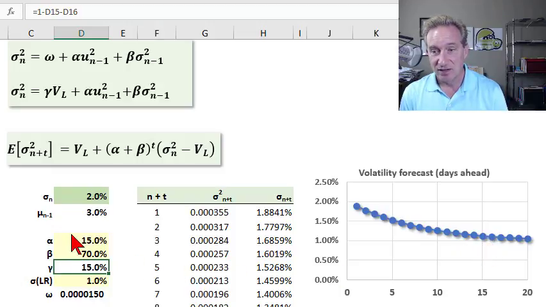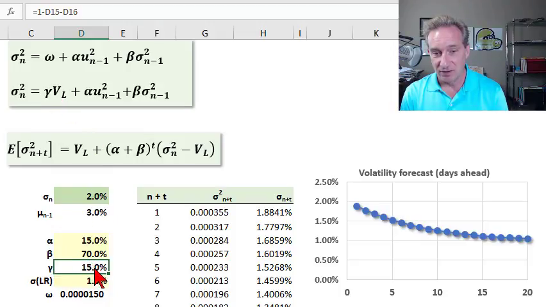And that's because my rate of persistence is now 70 plus 15%, or only 85%, and gamma is 15%. Now we can understand why we might call gamma the rate of reversion. So omega here is the product now, the product of gamma and the long run variance, but another way to put that is the omega is the product of a rate of reversion and a reversion level.